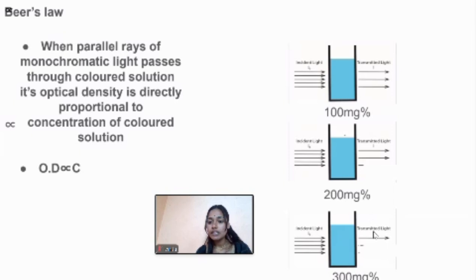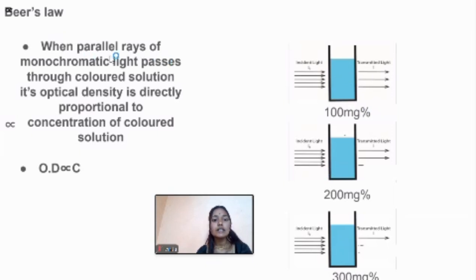As you can observe here, the number of transmitted rays decreases. In the first test tube it's more in number, in the second test tube it decreases, and in the third it decreases further. From this we conclude that as we increase the concentration, the absorbance also increases. This is Beer's law.